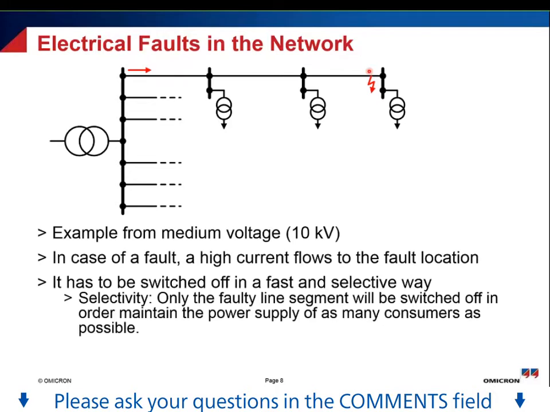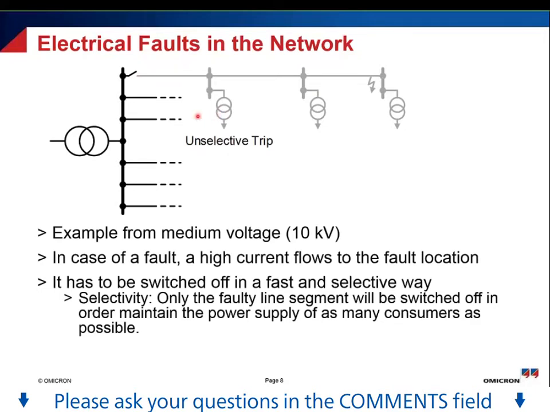So to further showcase this, let's have a look. If we open a breaker here, or if you interrupt the current at this position, then you can see everything that is gray is disconnected from electricity, which means that also the customers here, here, here and here are disconnected, and therefore they don't get any power supply.